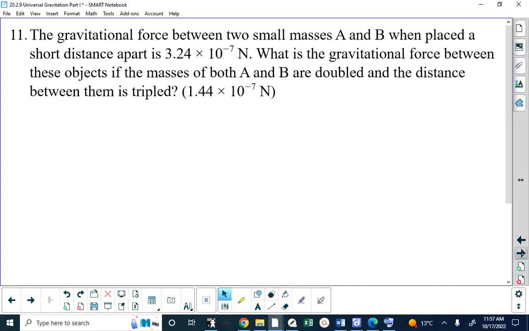Just 3 to do for tomorrow. 7 and 8 are very simple. I want you doing them using Newton's universal law of gravitation, not using mg. 7 and 8 are fairly basic. They're just like the ones we did. Number 9, you got to think about a little bit. And that's your assignment for tomorrow. Tomorrow we're going to finish off and get lots more practice with this stuff.